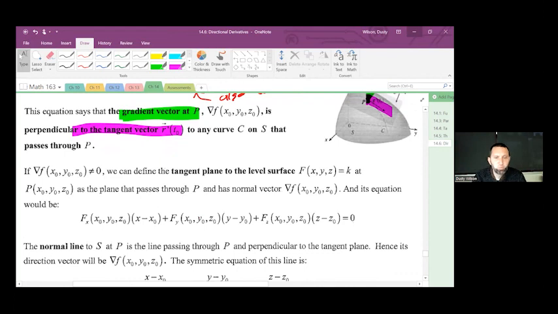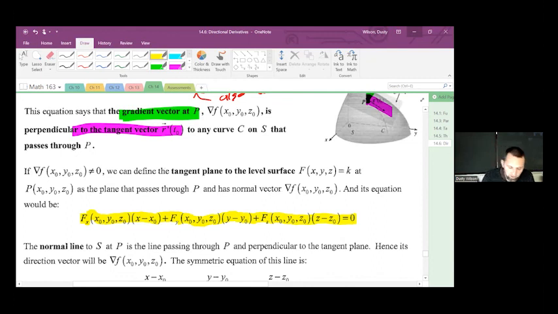Its equation would be the partial derivative of big F with respect to x at x naught, y naught, z naught times x minus x naught, plus the partial derivative of big F with respect to y at x naught, y naught, z naught times y minus y naught, plus the partial derivative of f with respect to z at x naught, y naught, z naught times z minus z naught equals 0.